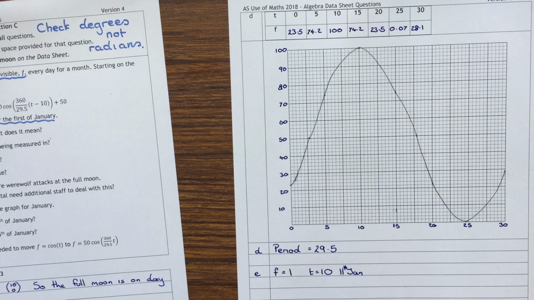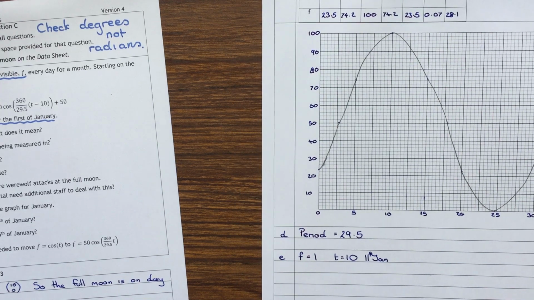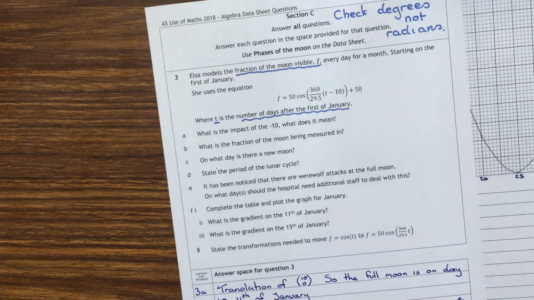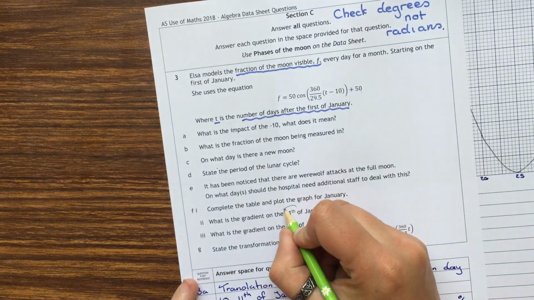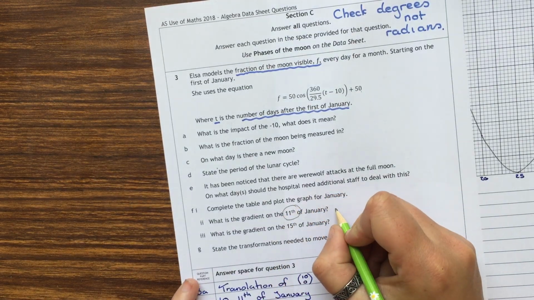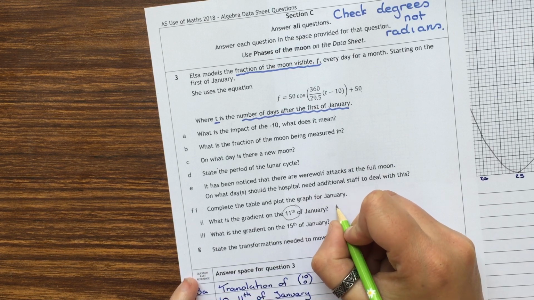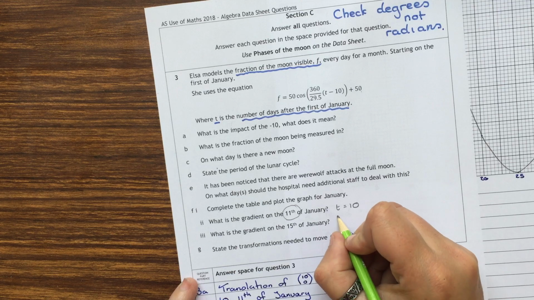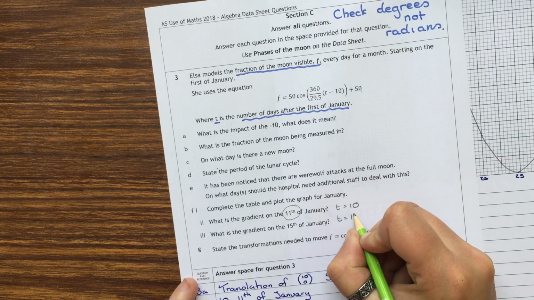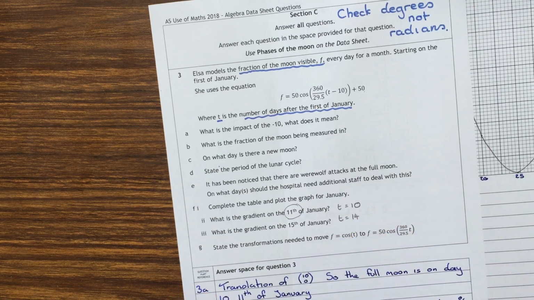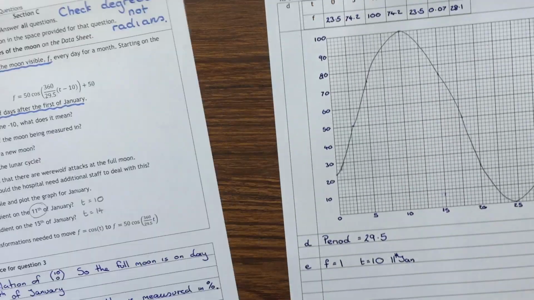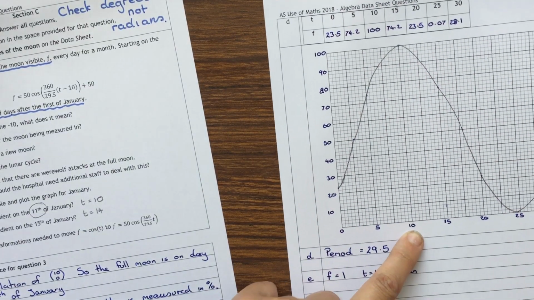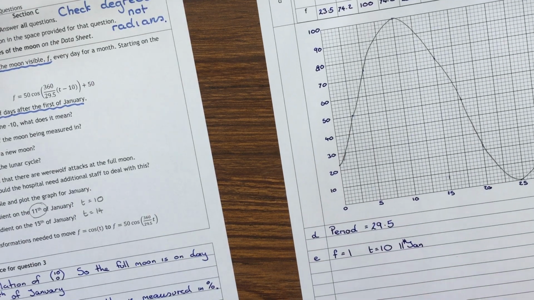So we are asked for the gradient. Once we've done that, we are asked for the gradient on the 11th of January. So that is when t equals 10. And we're also asked when t equals 14. So when t equals 10, that is our maximum point, so our gradient will be 0.